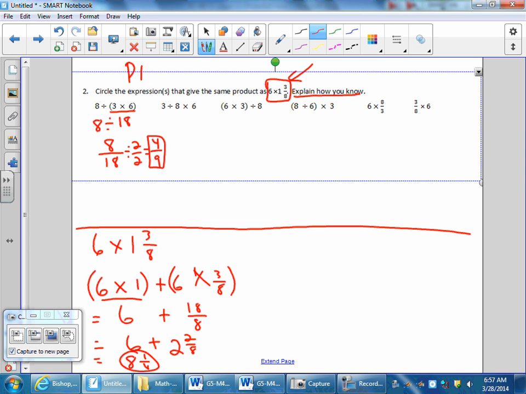With PEMDAS, I'm going to do parentheses, exponent, multiplication and division, whichever comes first, and then addition and subtraction, whichever comes first. This is division and multiplication, but the division comes first, so I'm going to do 3/8 first, and then I'm going to multiply it by 6.